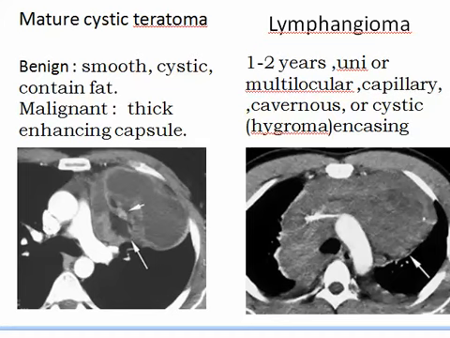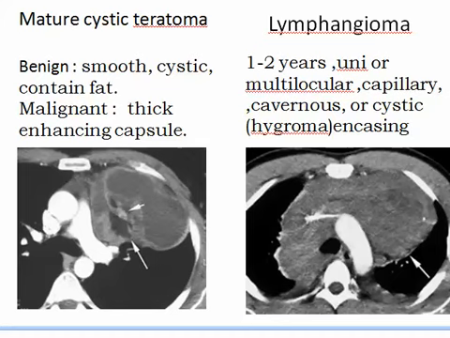One of the anterior cystic tumors is the mature cystic teratoma. It is benign, smooth, cystic, containing fat, and if malignant, it is thick with an enhancing capsule.